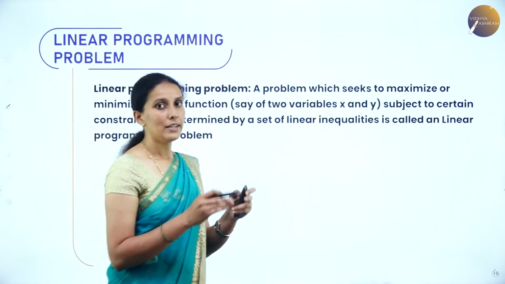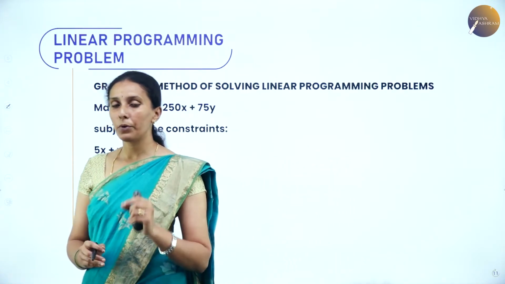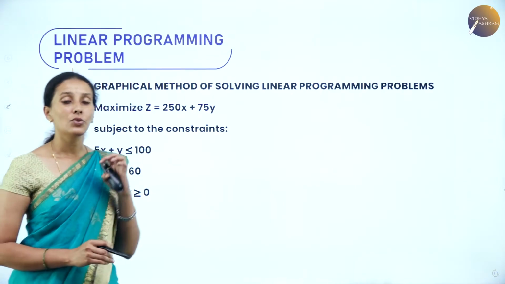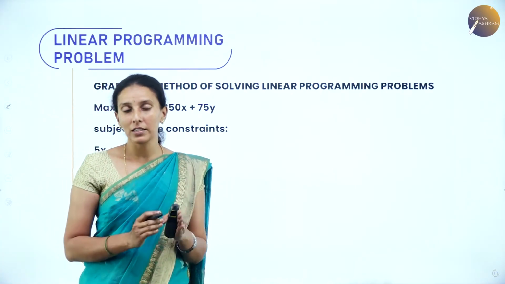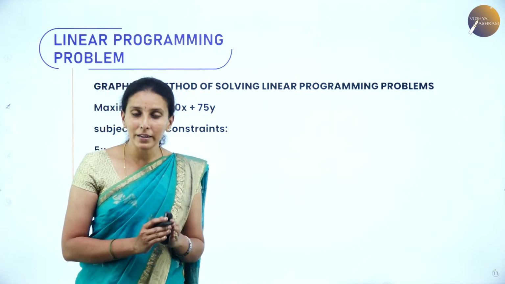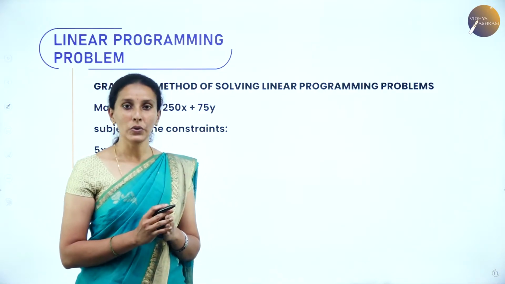Now, as I said, we are going to find the solution for a linear programming problem by the graphical method. Since we already know how to find the solution for a set of linear inequalities by the graphical method, half of the problem is done. The remaining I'll explain later.